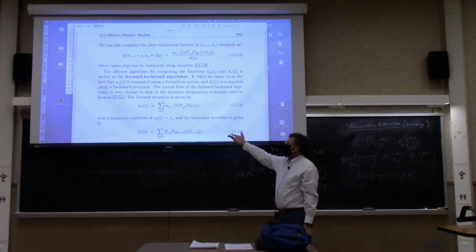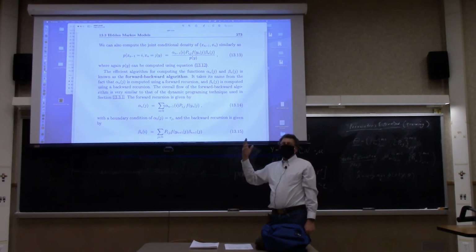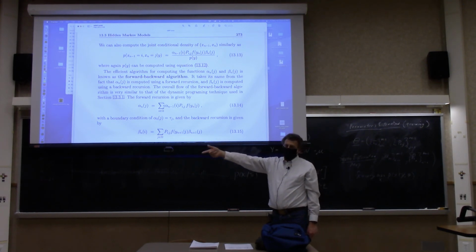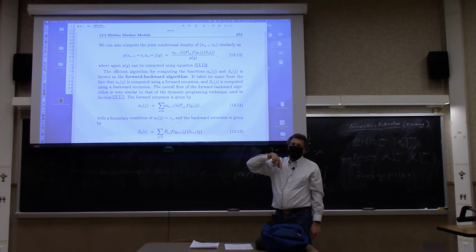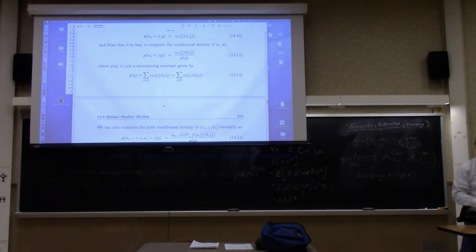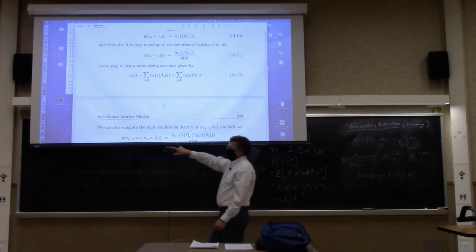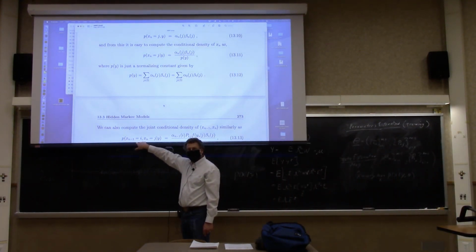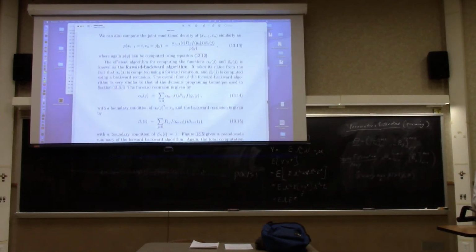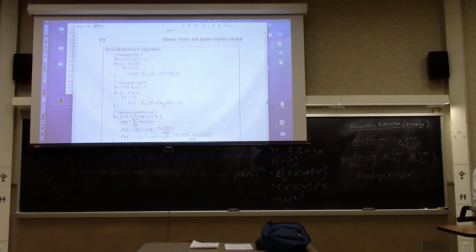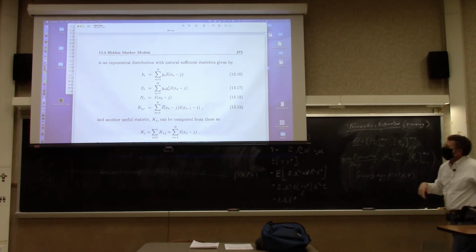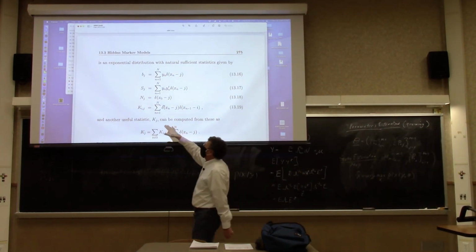So here's what happens. You calculate the alphas with a forward recursion. You calculate the betas with a backward recursion. Once you have the alphas and the betas, you can calculate the posterior distributions of the x's, okay? With the posterior distribution of the x's, you can compute, remember the whole thing with the EM algorithm?